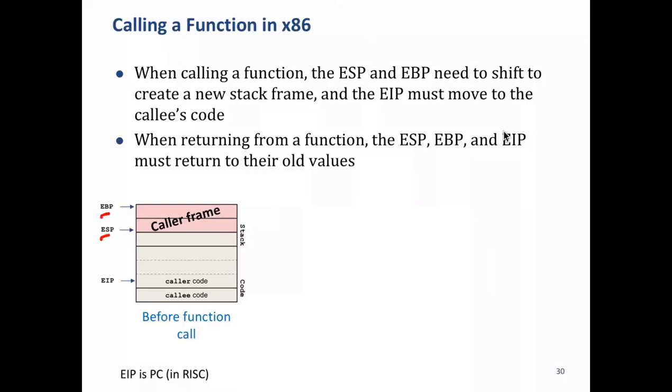And when there is a function call, the value of EBP, the base pointer, and the stack pointer have to be adjusted. All right. So now let's assume that this is the main program that's making a function call. This is the value of EBP, which is the start of the frame, and ESP is at the top of the frame. The stack pointer is at the top, and it makes a function call.